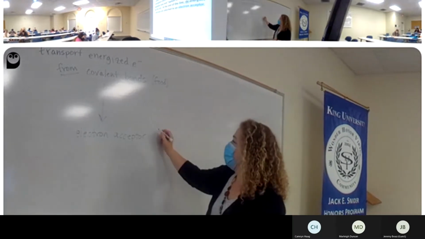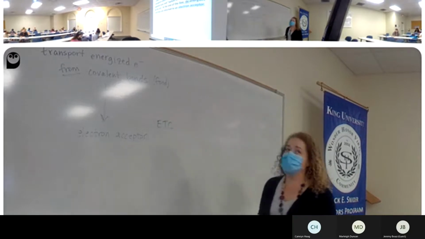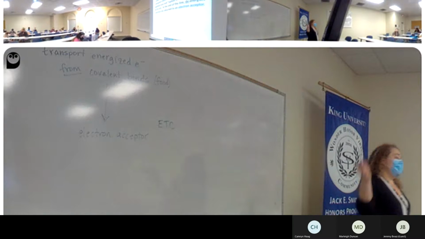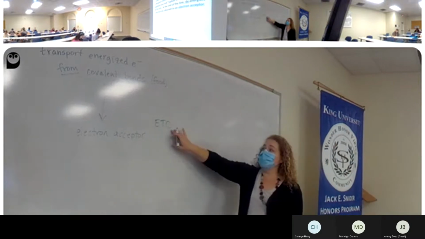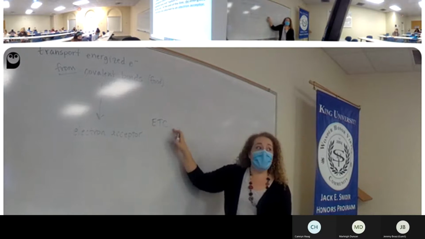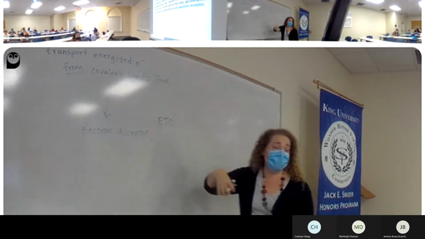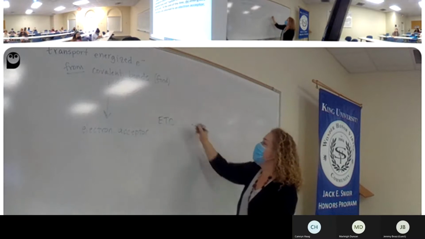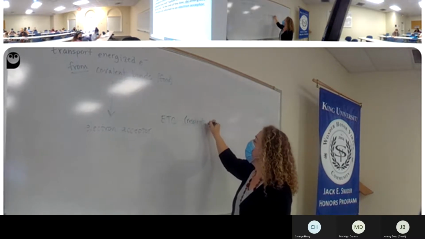It's either going to be something from the electron transport chain. Sometimes the destination of the electrons is the electron transport chain. And if that's where NADH and FADH2 and these others are taking the electrons, we say that that is a kind of respiration.